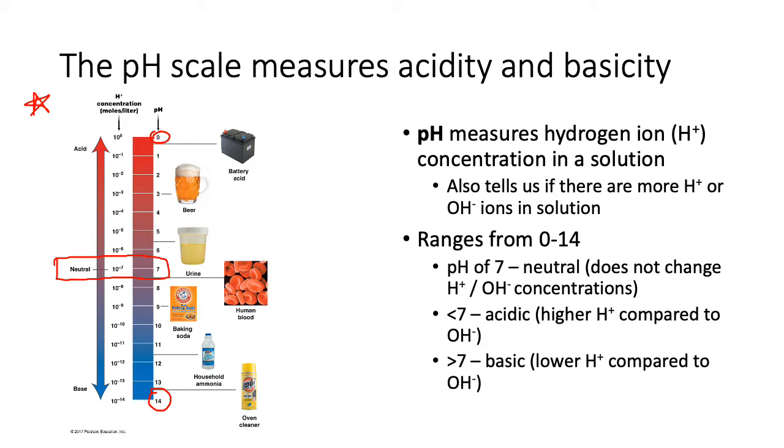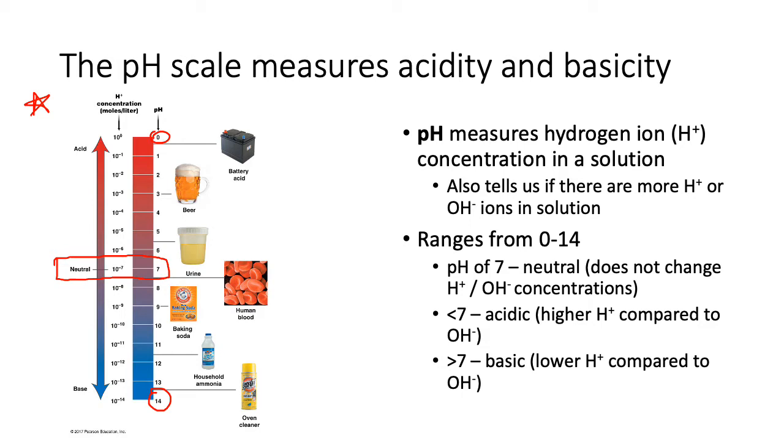A pH of 7 is considered neutral. What that means is that the ratio of hydrogen to hydroxide ions is equal. Or we can say that the hydrogen ion or hydroxide ion concentrations do not change.